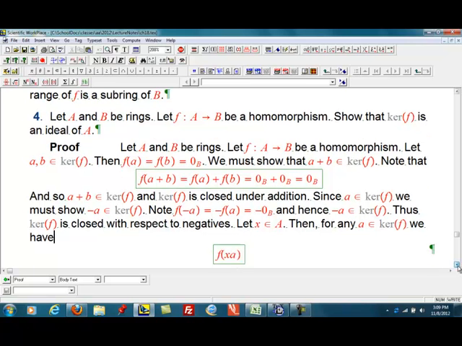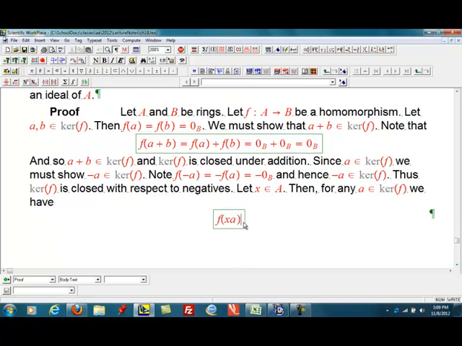Tell me about what the homomorphism says about multiplication. F of X, F of A. But tell me what F of A is. And when you multiply by the neutral element, you get the neutral element.